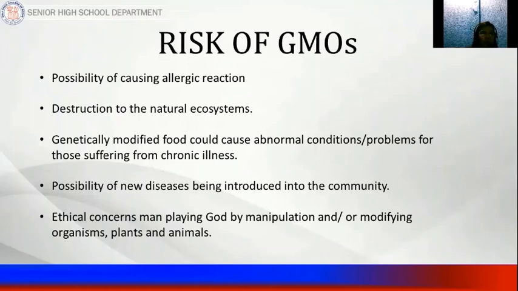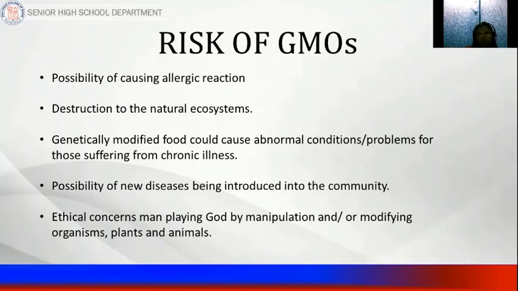A genetically modified food could cause abnormal conditions or problems for those suffering from chronic illness. Meaning abnormal conditions, because it does not follow natural things. So, the possibility of new diseases being introduced into the community. Yes, it is possible for new diseases. And ethical concerns, man playing God by manipulation.